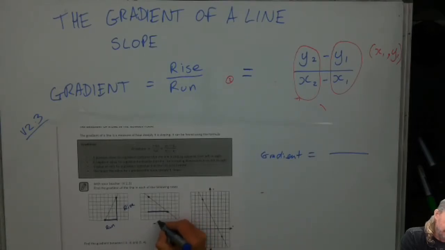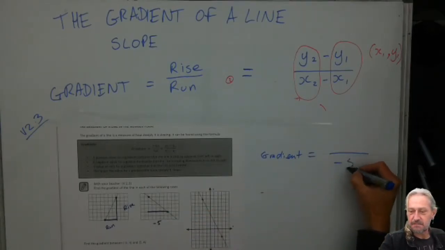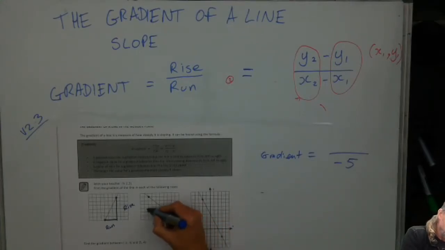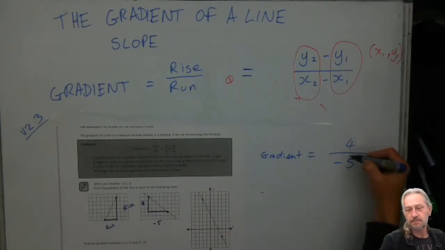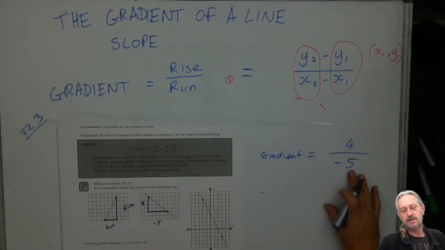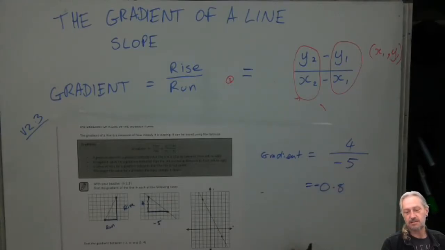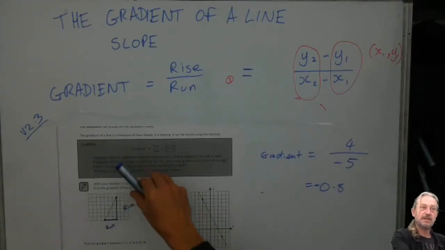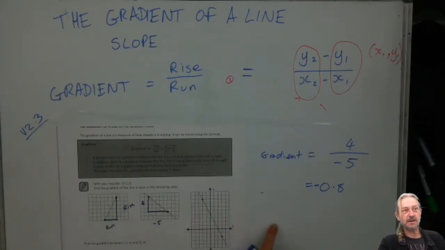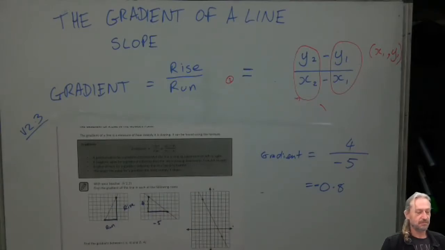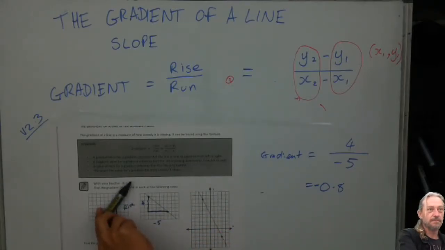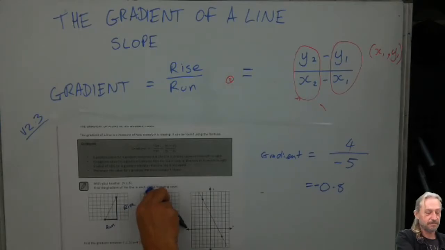So that's -5 in the x direction. And then we go 1, 2, 3, 4 upwards. So 4/5, we could convert that to a decimal, -0.8. So negative essentially means that as we move in the positive x direction, the line is coming down. So we've got a positive slope and negative slope.